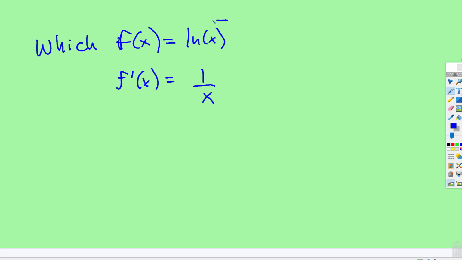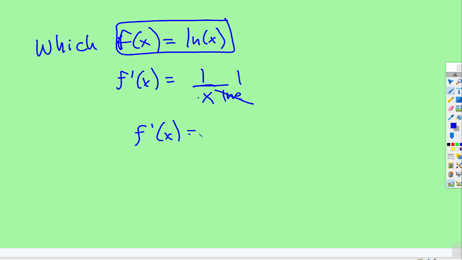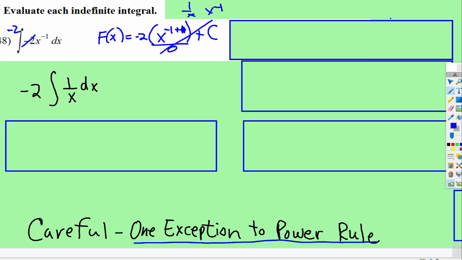So if you have an original function, ln of x, and you take the derivative, remember it's 1 over x times natural log of v, those cancel, and then whatever the derivative of this is, which is just 1. So f prime of x is equal to 1 over x, or rewritten as x to the -1st. Well, that's what you have here.